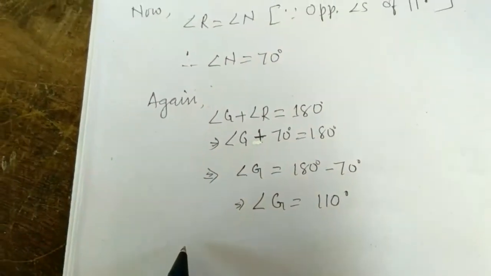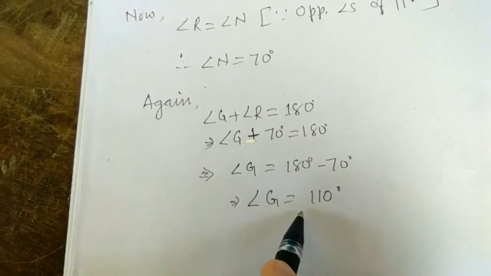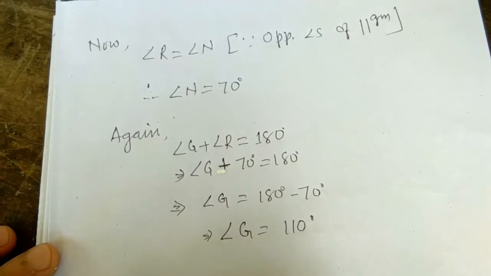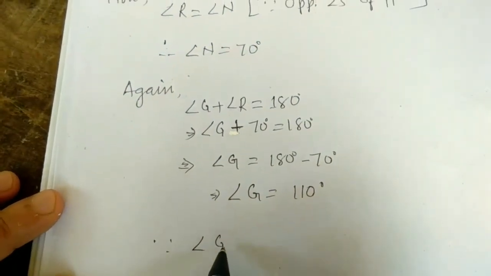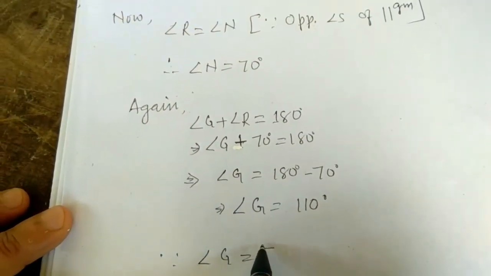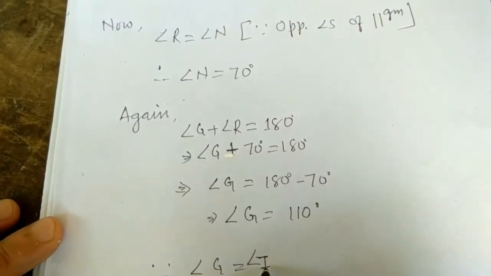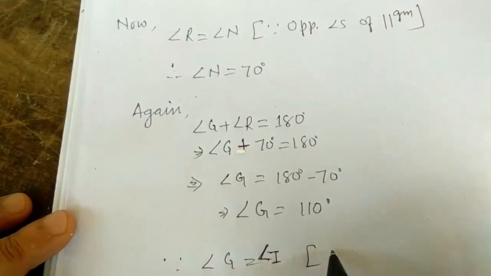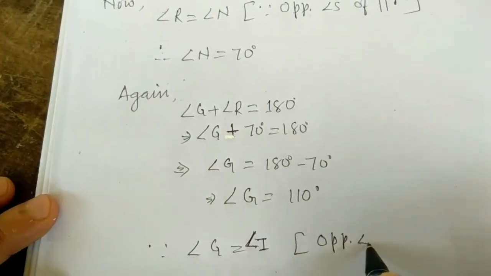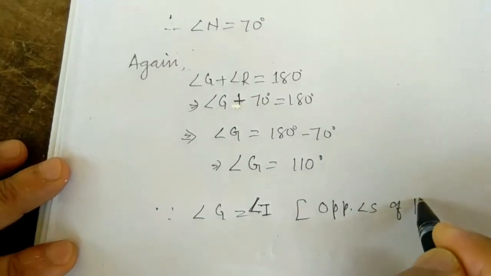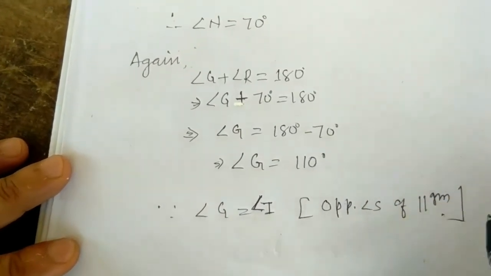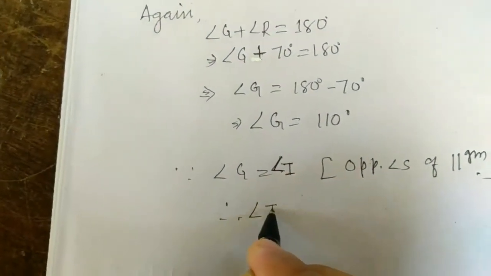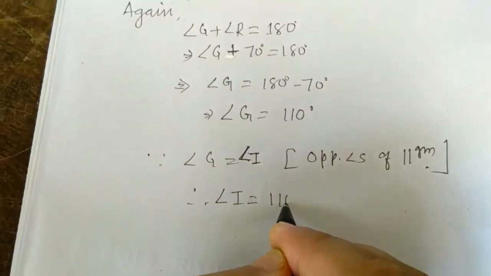And we know that angle G is equal to angle I. Reason: opposite angles of a parallelogram. Since you got angle G as 110, therefore angle I is also equal to 110 degree.